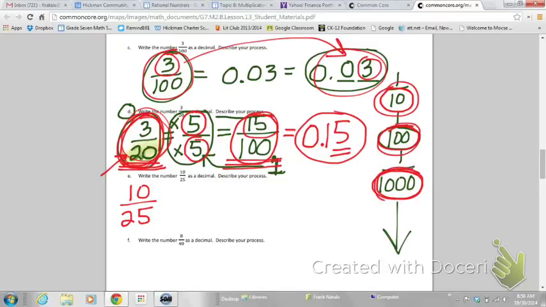It's very exciting when you get to the point where you look at numbers and you just know immediately. I know that number 25. I know I can convert it to 100 by multiplying by 4. And I have to do the same to my numerator, and that's going to be 40 over 100.